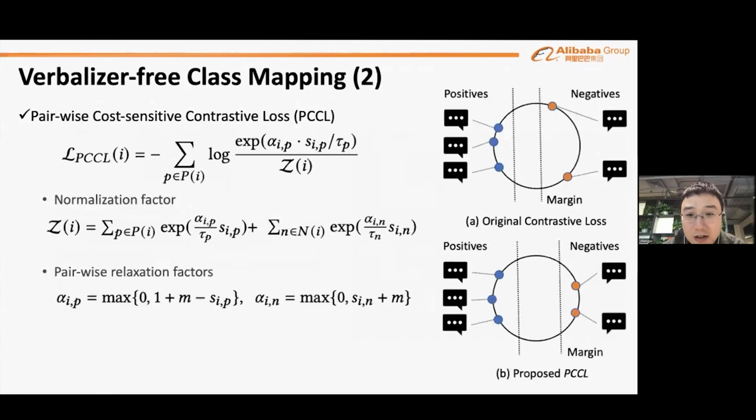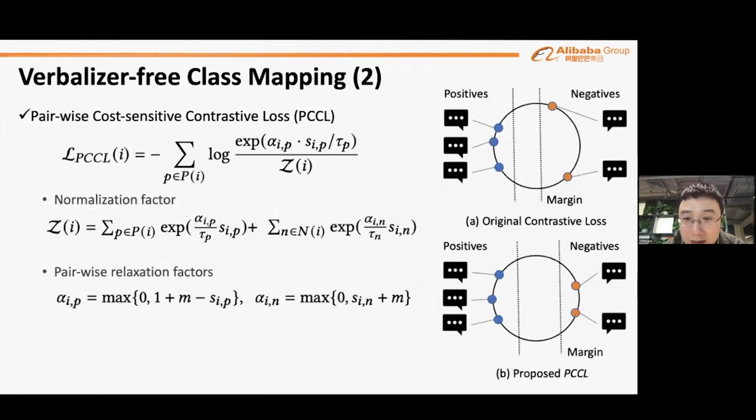However, there are some problems with the original contrastive loss. For example, on the right-hand side, we can see the margin. There is no constraint on the margin. If the margin becomes larger, the model will be more robust because there is a large margin between the representations of positive examples and negative examples, so the model would definitely be better.